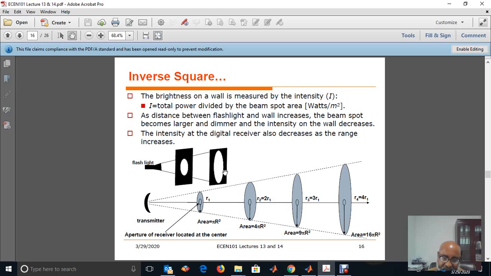So that means if I have a certain light detecting receiver at far location, because the intensity is smaller, then the received power by the detector will be smaller. See, this is the example here, a transmitter. At this distance, I have this area, beam area, and this distance, beam area. So the beam area increases with distance, meaning the intensity decreases. But the received power for that specific receiver will decrease because the intensity is decreasing.